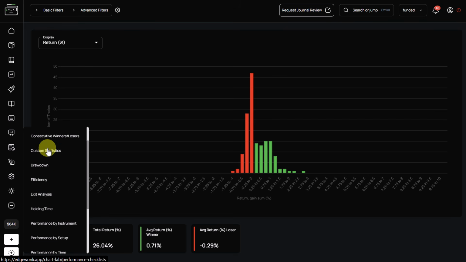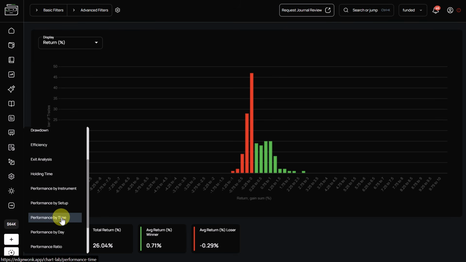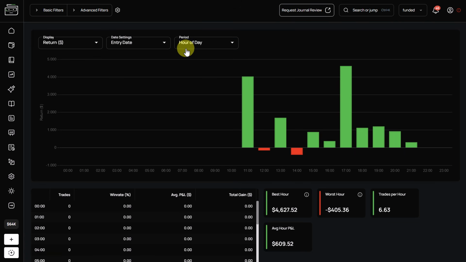Let's move on. We often find things in the performance by time, especially when we look at hour of the day. We can see that he does have quite a few trading hours active. We also see that in the last 4 hours of the day, he is not making any significant gains. It seems like the first hour of the day is where he makes the most money.